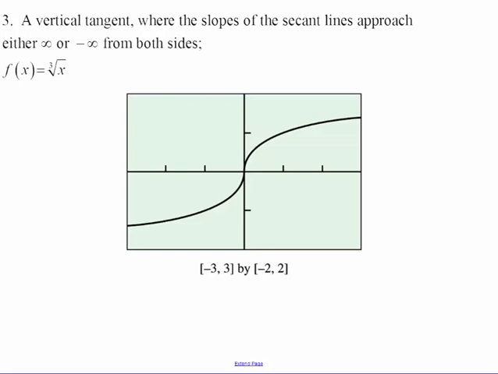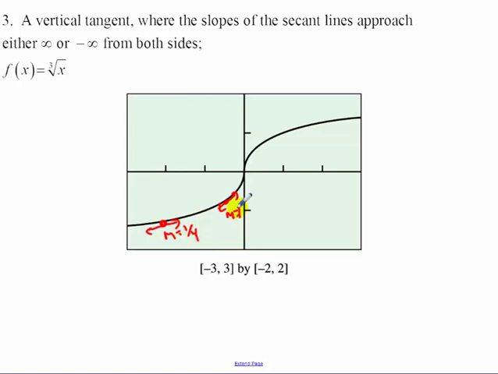A vertical tangent is where the slopes of the secant lines are going to either approach infinity or negative infinity. So let's look at what the slopes of our tangent lines could look like for this function. Right there, that slope is pretty shallow. It's positive, but pretty shallow. Now maybe that's closer to 1, versus this slope was maybe something like 1/4.